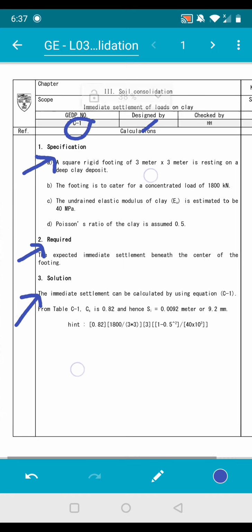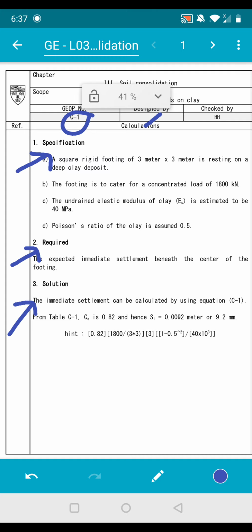Right, let's look at aspect number one, specification. Now a square rigid footing, which is a square 3 by 3 meter, is resting on a clay deposit. Now you'll have a foundation engineering over here and also your soil materials, which falls under soil mechanics or geotechnical engineering.